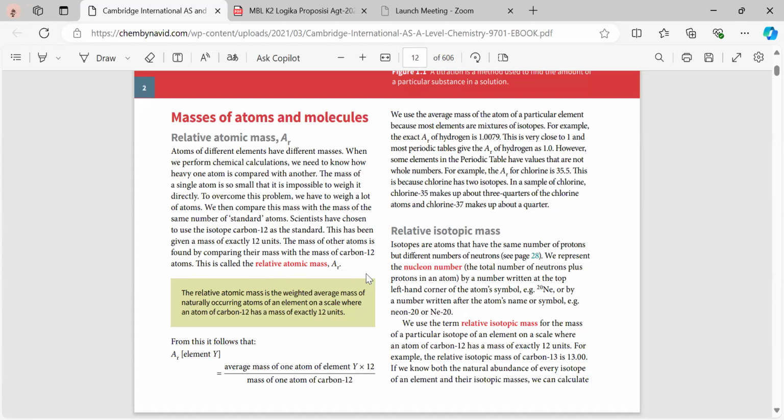You will probably see this symbol AR very often in chemistry. So this is the calculation: AR of element Y equals the average mass of one atom of element Y times 12, divided by the mass of one atom of carbon-12.